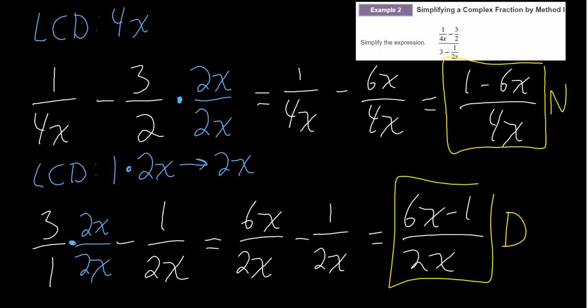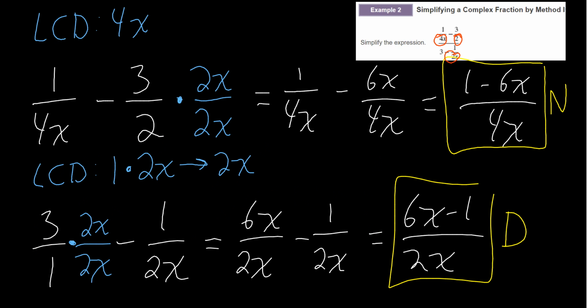So let's go back to this example here. If I were to have multiplied this entire problem by the least common denominator of the numerator and denominator, I'm looking at, actually this one isn't horrible, 4x, 2, and 2x, right? So I could have multiplied the entire problem by a 4x, right?